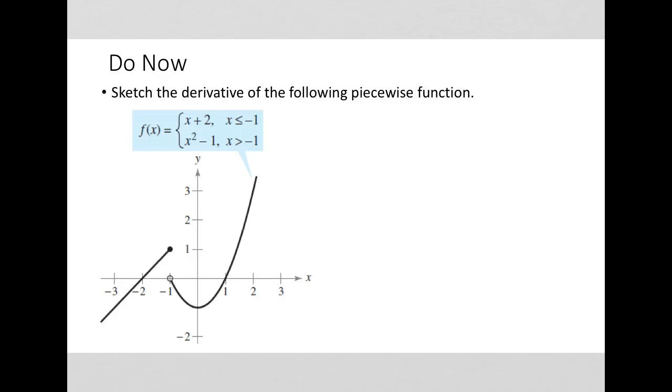So the first thing I want you to do is graph the derivative of this piecewise function. Notice we do have the equation up here, so I know that this branch over here has a slope of 1 because the derivative d dx of x plus 2 is 1.